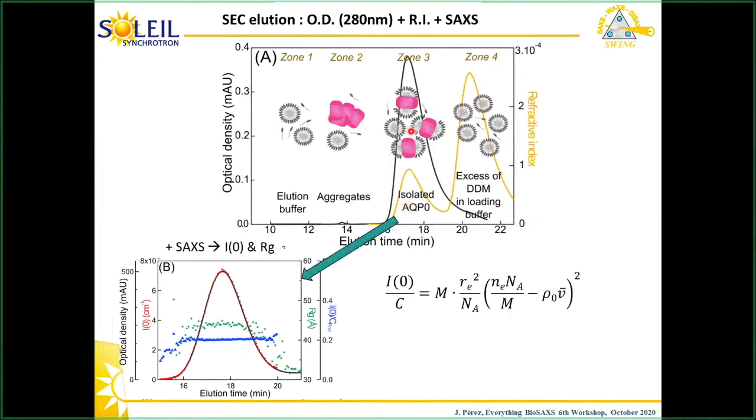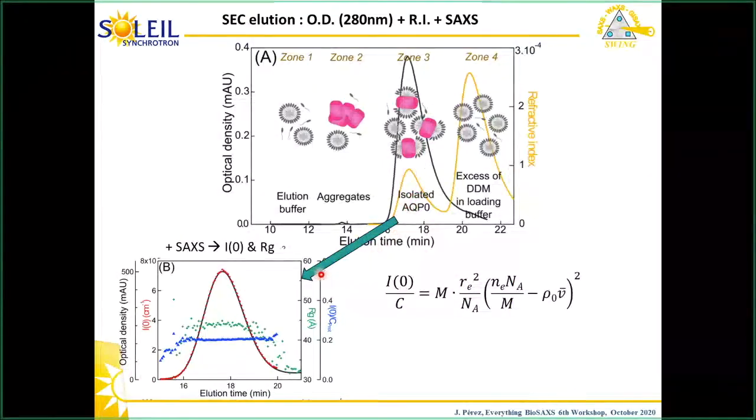Then from the peak here, we have collected the SAXS data, of course, and we have produced the elution profile: in blue, I0 over the concentration of the protein, so normalized I0; in green, the Rg; and in red, the pure I0; and the dark line here is the UV absorption.